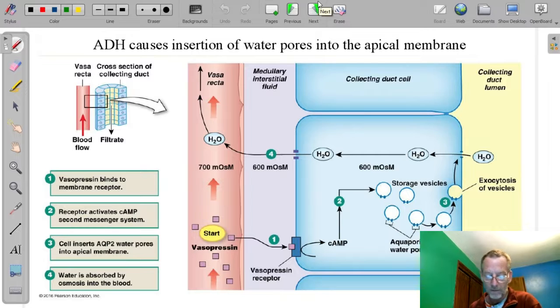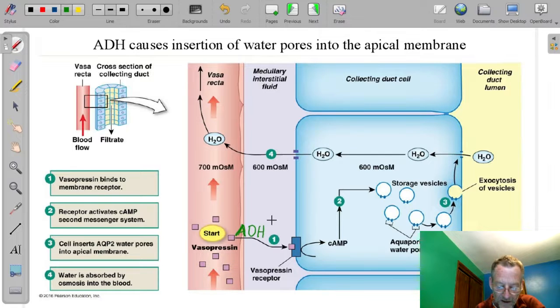Okay, so this is a continuation. This slide is showing the details of ADH at the collecting duct cells. And the numbers in the little boxes work pretty well on the left. Let's start with ADH. So here comes ADH.